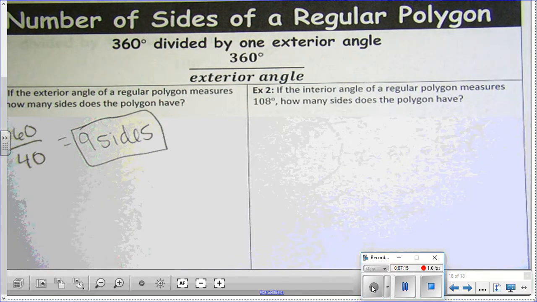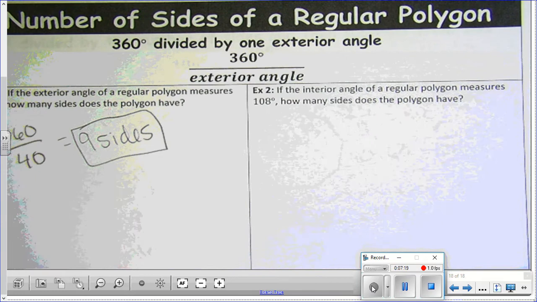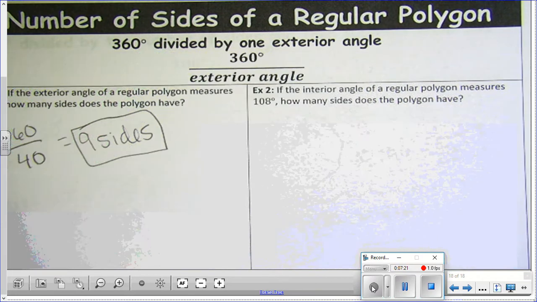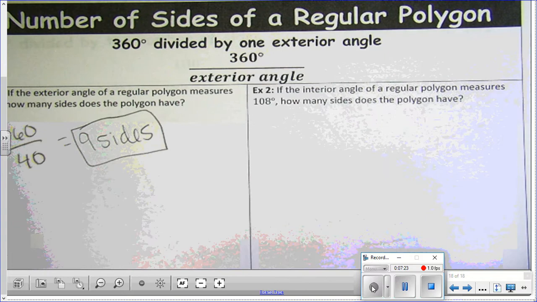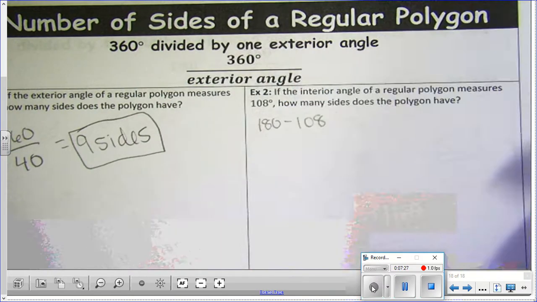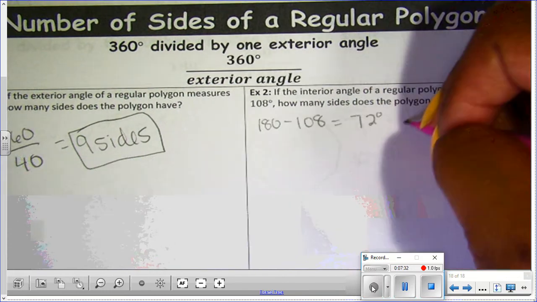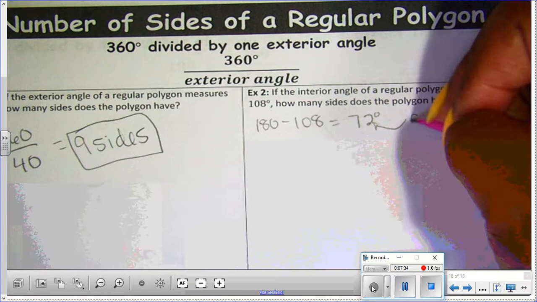So if you know the interior angle, go ahead and find the exterior angle. And how are we going to do that? Subtract it from 180 because they're a linear pair. So we're going to do 180 minus 108, and we end up with 72 degrees, which is an exterior angle.